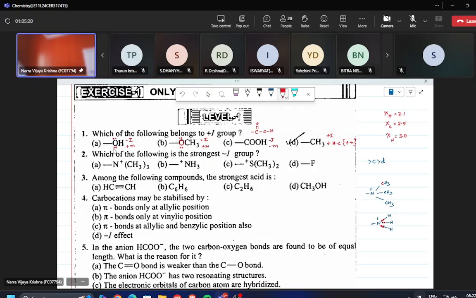If I have deficiency, whatever electrons you are donating will come towards me more effectively. It means we should have more electronegativity difference between us. But the electronegativity difference between nitrogen and carbon is less. If they have less electronegativity difference, will the electrons come or not? No. No doubt CH3 is a good plus I. Right? So what should be the answer now?